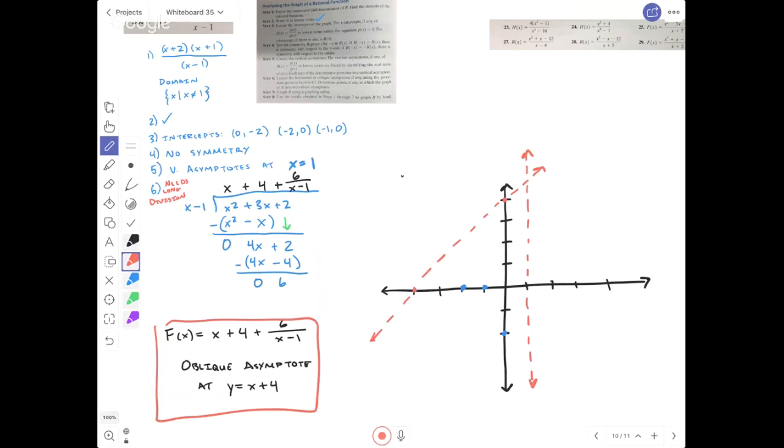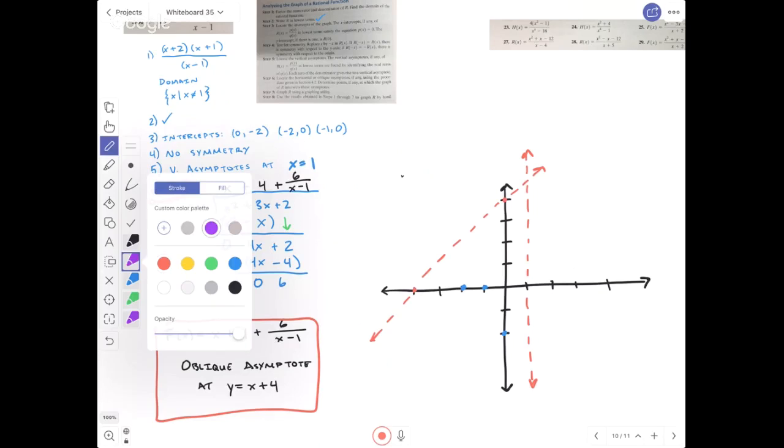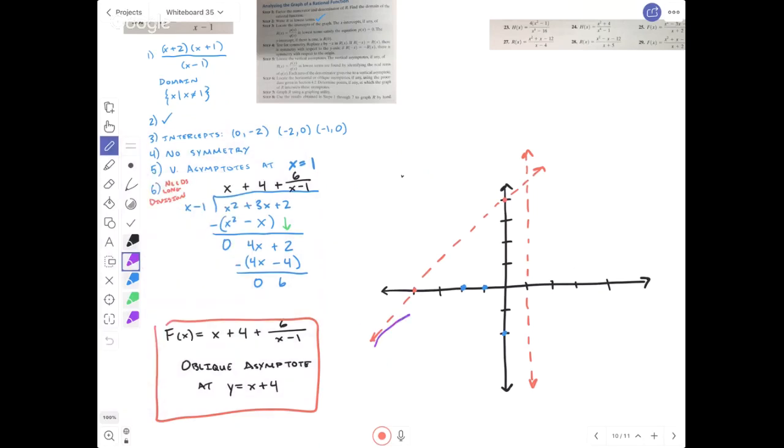Okay, so now this is better. We've got now the graph in purple. So again, we were down here. We came up. We came down. Graph goes off that way. And then it returns from up here. And then goes that way along that oblique asymptote.